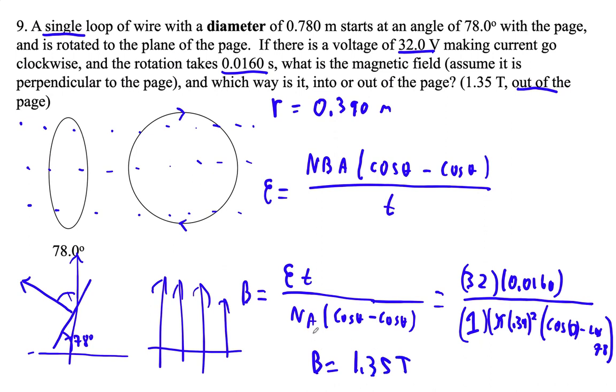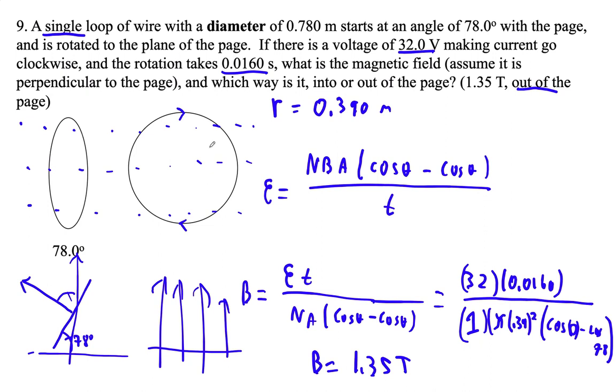Okay, and then the question is, which way is it, right? The field is perpendicular to the page, right? And the response to gaining this flux, that is, we have very little area that the field's going through, now we have more area, is to make current go clockwise, right?